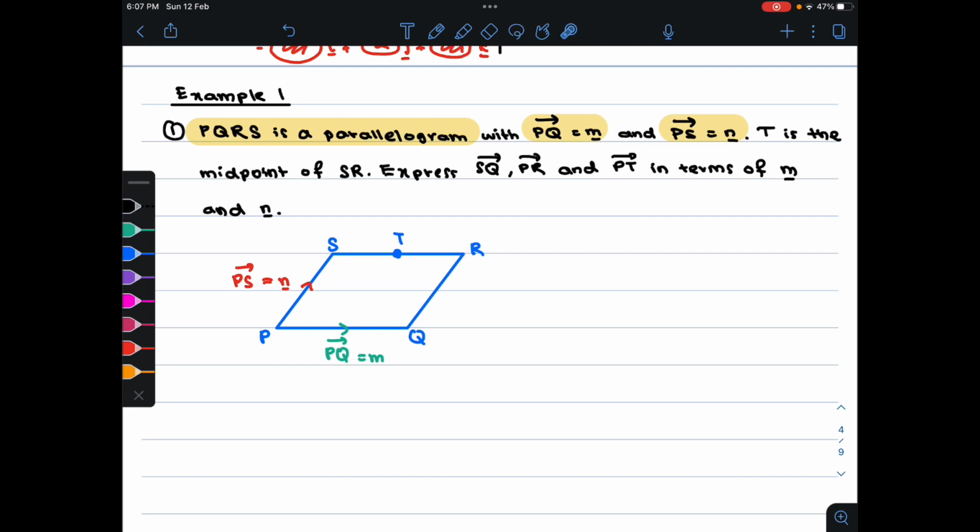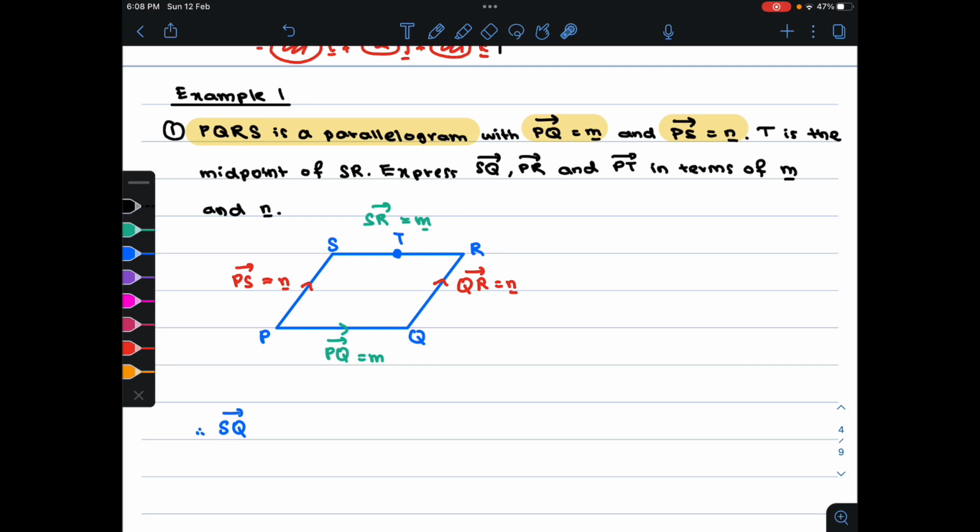Since PQRS is a parallelogram, if this is vector m, then this is also vector m, so SR is also vector m. And if PS is vector n, then QR is also vector n. We need to express these vectors in terms of vectors m and n.